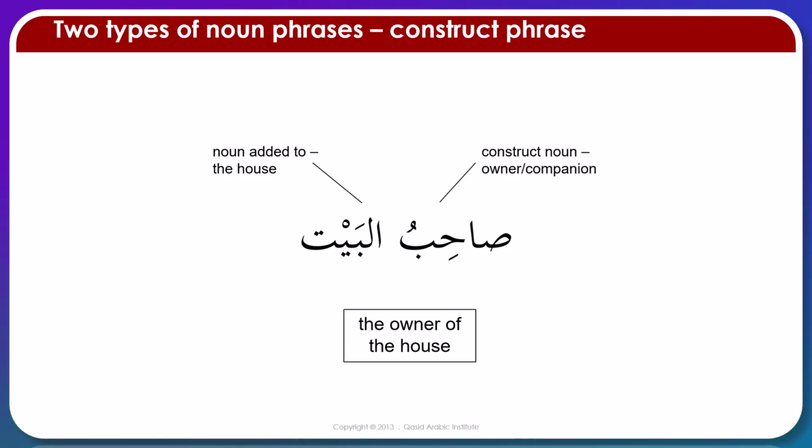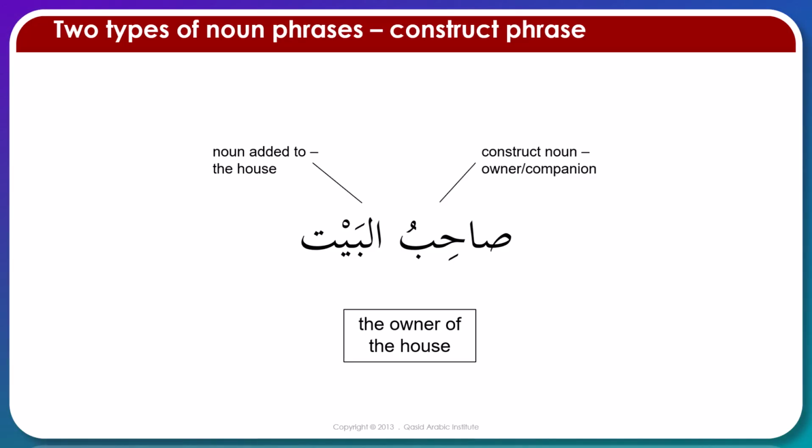Notice here we add of in English to indicate possession. So here in Arabic, the possession is not indicated by a particle like of, but by the difference between the two nouns, one not having alif lam and the second having alif lam. There are going to be later indefinite idafas or indefinite construct phrases, but we'll discuss those later.